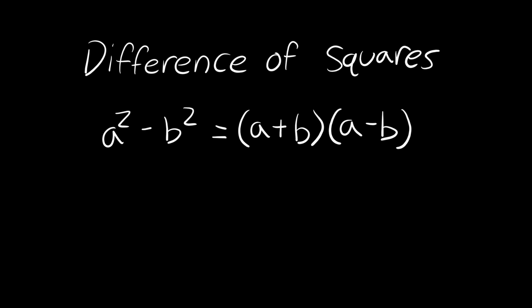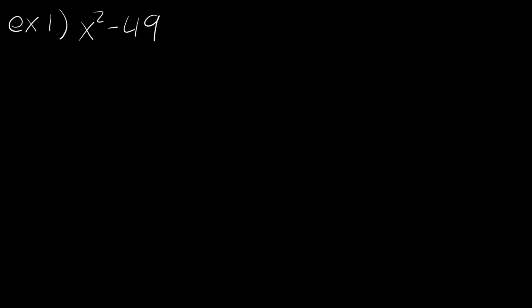Next, we're going to do the difference of squares. So the formula for difference of squares is a squared minus b squared equals a plus b times a minus b. So let's do some examples. So for example 1, we have x squared minus 49. So our formula, a squared minus b squared equals a plus b times a minus b.